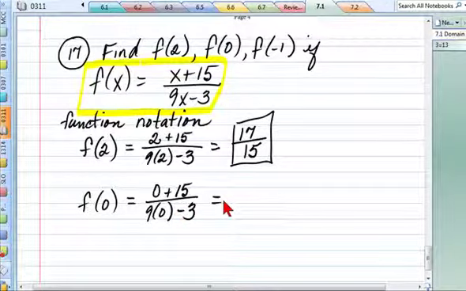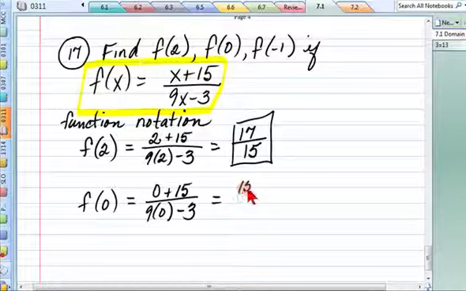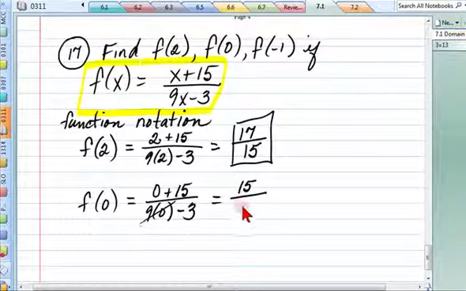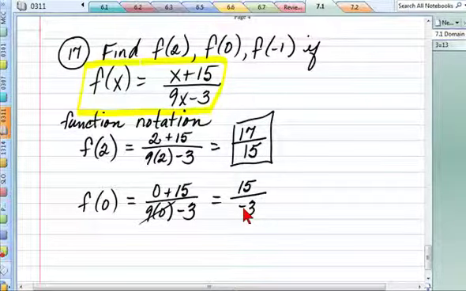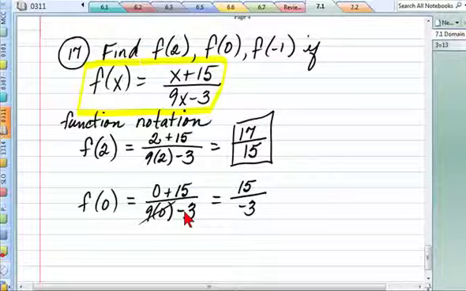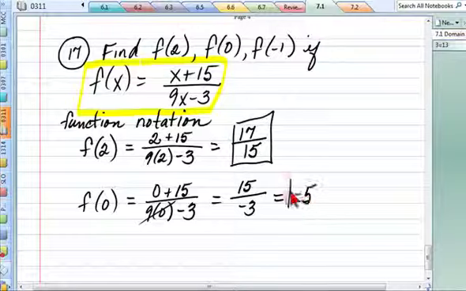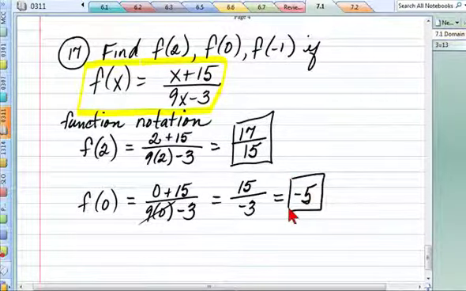Well, the numerator, 0 plus 15 is 15. 9 times 0 is 0. Subtract 3 is negative 3, because 9 times 0 is 0, so that's gone. And then 0 minus 3 is negative 3. Can you simplify that? Yes, that's negative 5. So sometimes you'll get an integer value.